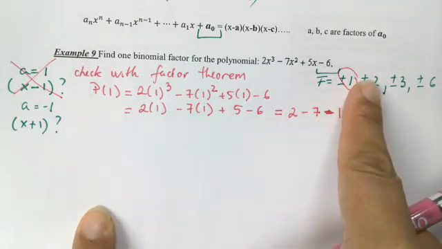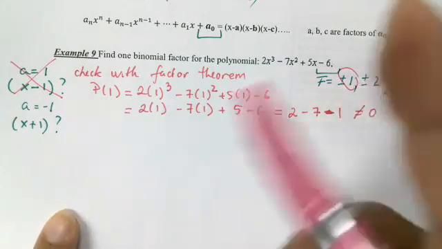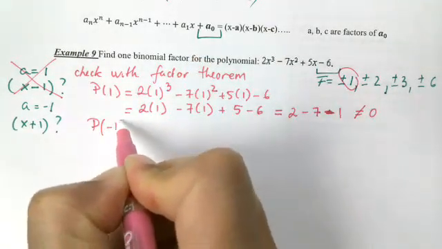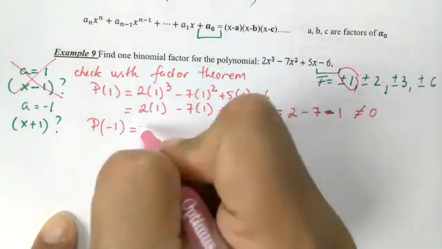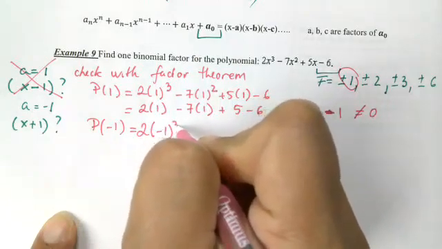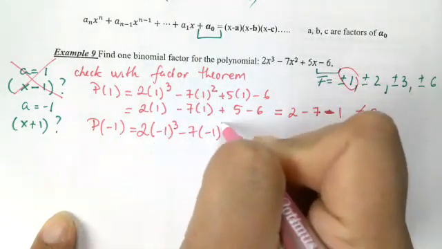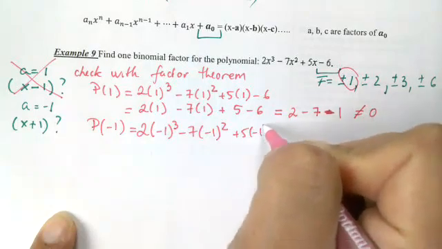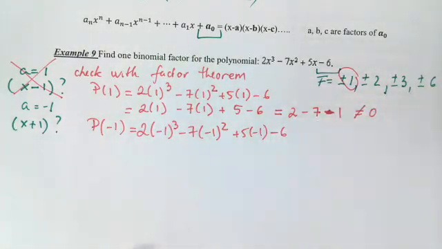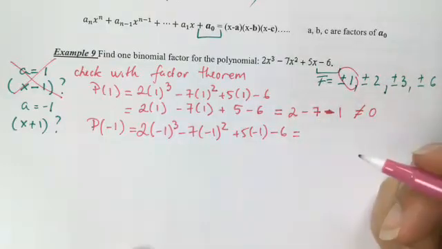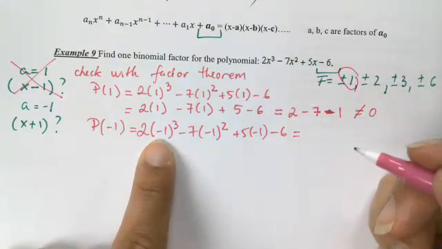I take -1 and check that one. So check P of -1: 2 times -1 cubed minus 7 times -1 squared plus 5 times -1 minus 6. Go ahead, calculate. You can see what I'm doing, right?